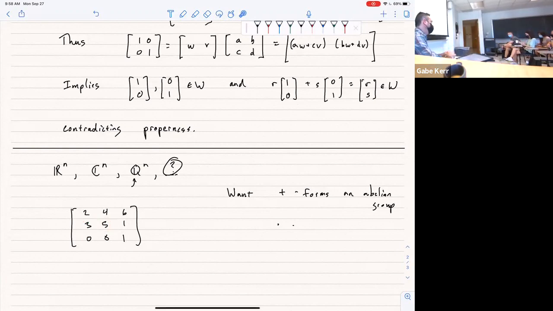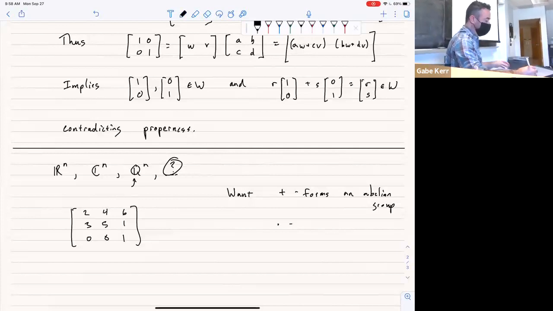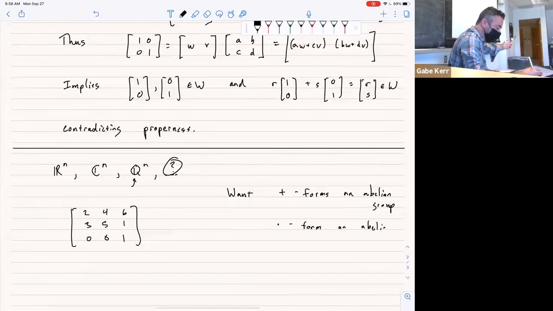That's a bridge too far for now. It's actually very difficult. But what we would like is for this to form an abelian group too, kind of, because we want to be able to divide.